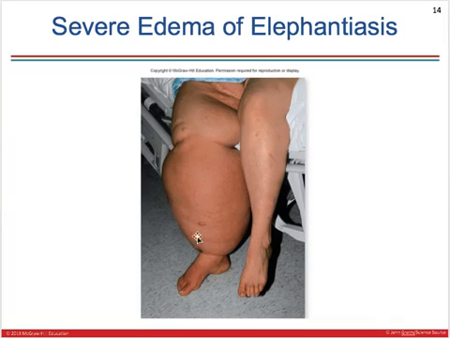And you can see the massive increase in the interstitial fluid that is accumulated as a consequence of this blocking of this lymphatic drainage. Sometimes this is referred to as third spacing of fluid. And so you have three spaces for fluid. Intracellular is one space, inside the blood vessels is a second space, and the interstitial fluid is a third space. And so sometimes this is referred to as third spacing.